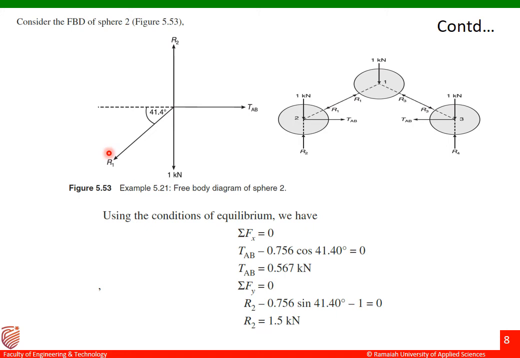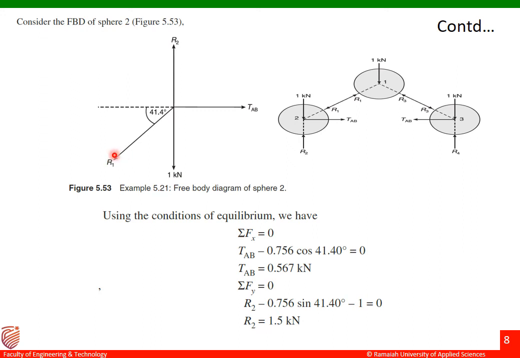Okay, so till now we applied only the first equation of equilibrium. Now we'll apply the other equation of equilibrium, that is summation Fy equal to 0 here. First we have to identify which are the vertical components, the y components, and then consider them in this equation. So let us see which are the y components: R2, 1 kilonewton, and then R1.